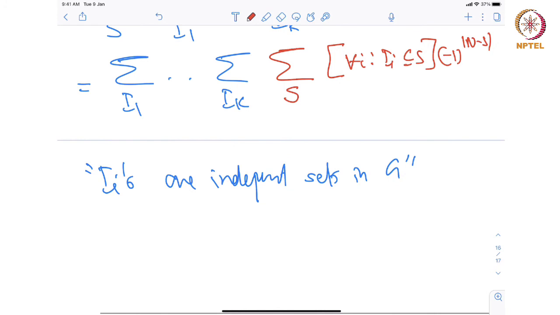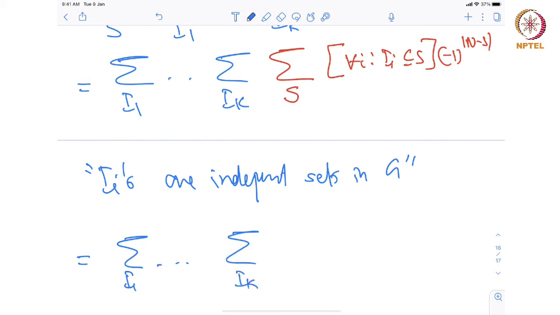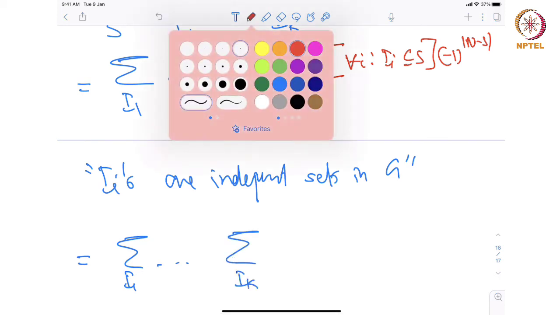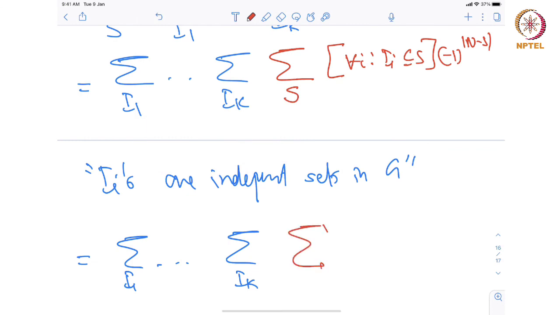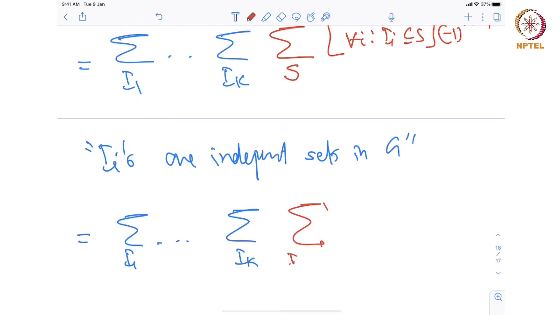So this could be again written as the sum over S. This is going to contribute to all of them, because look, I1 is also part of S, I2 is also part of S, Ik is also part of S. So this is only going to contribute to those sets S for which their union is contained inside this.